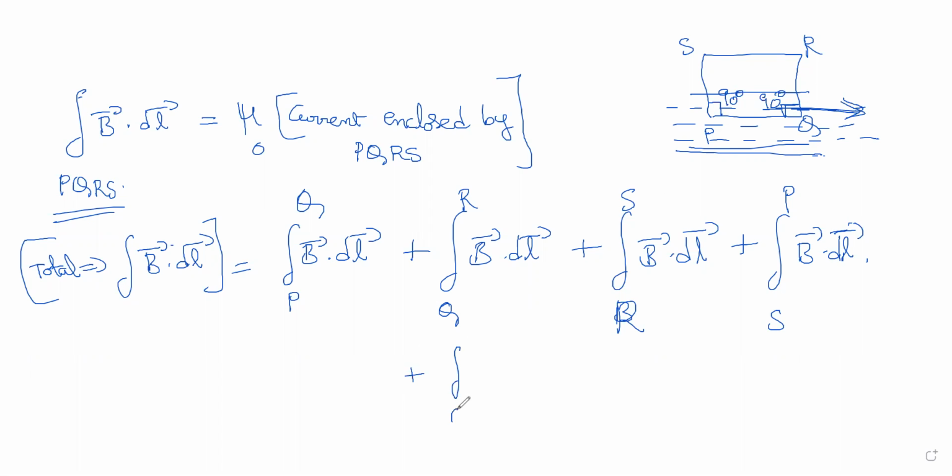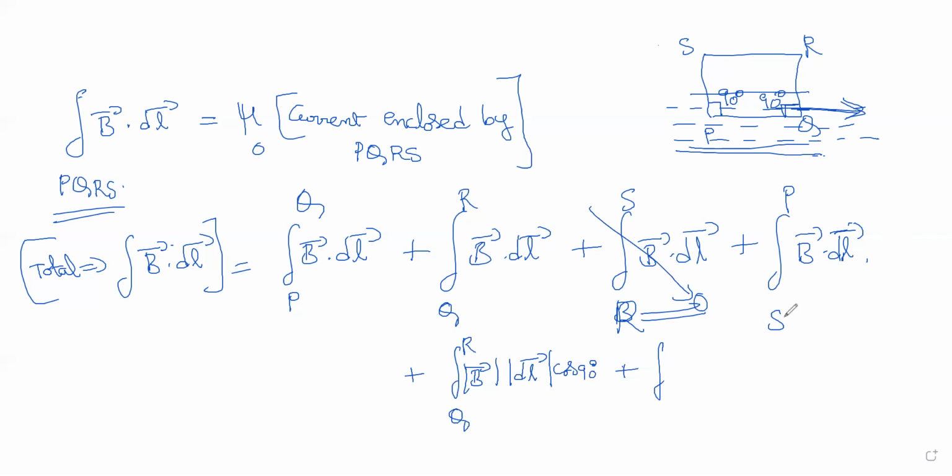So QR, let me evaluate this one. Let us say this length, doesn't matter, whatever the length. So it is mod B bar, mod dl bar, and what is the angle? 90 degrees. So cos 90. Plus the next one, RS is outside, so in this portion there won't be any magnetic field, so this portion is 0.